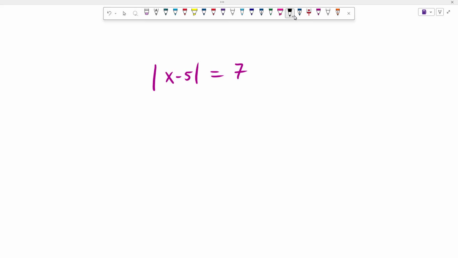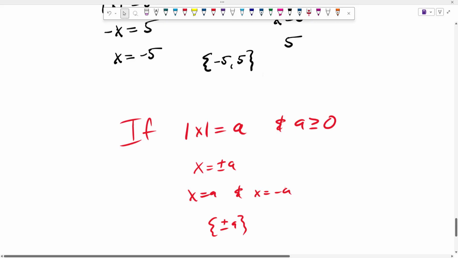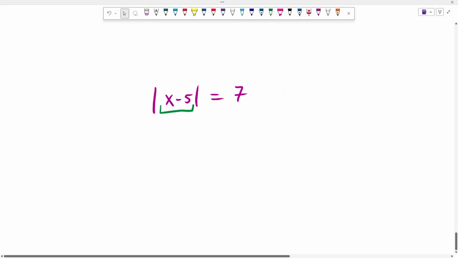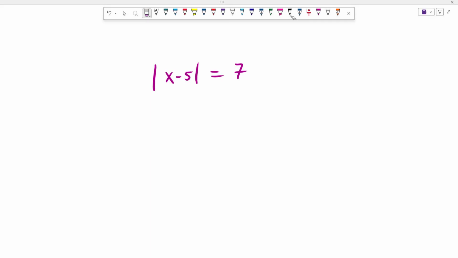Now we've got something inside the absolute value. What are we going to do with this? Think of this as my x now, and just set it equal to positive or negative. Once we get the absolute value all by itself, just write x minus 5 equals 7, or x minus 5 equals -7.